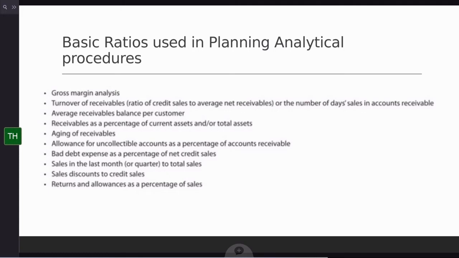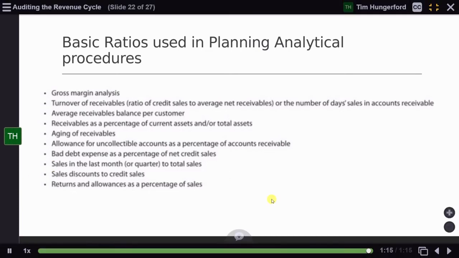It's a good ratio. Sales in the last month compared to the total sales. Sales discounts compared to credit sales. And finally, returns and allowances as a percentage of sales. These are all ratios that you should calculate on the audit, review, see if there's been any significant changes from past periods or past quarters.